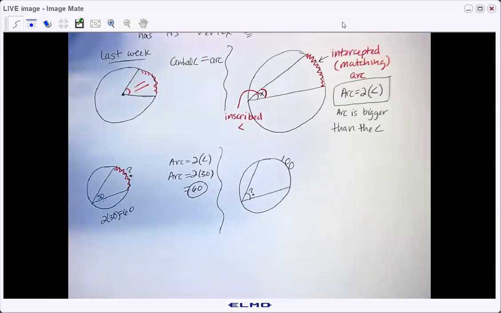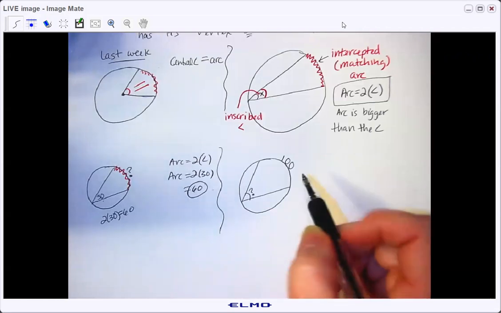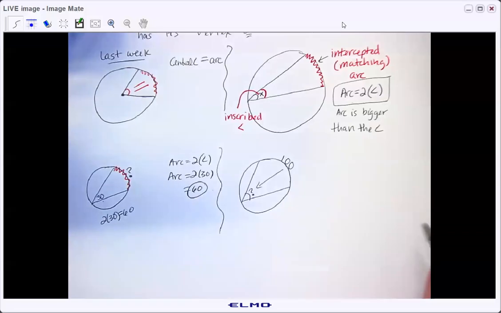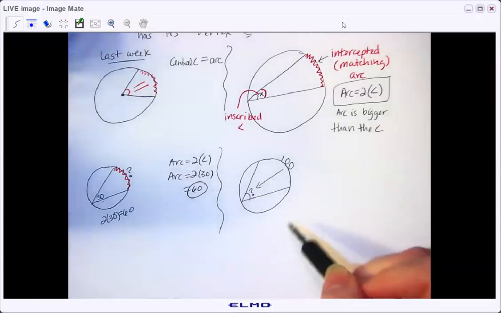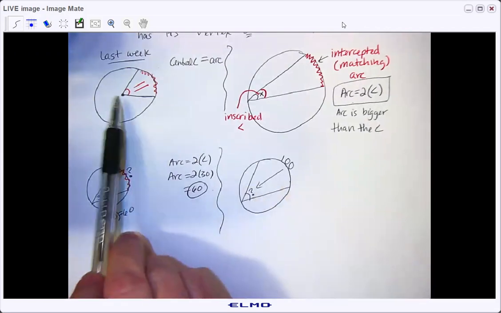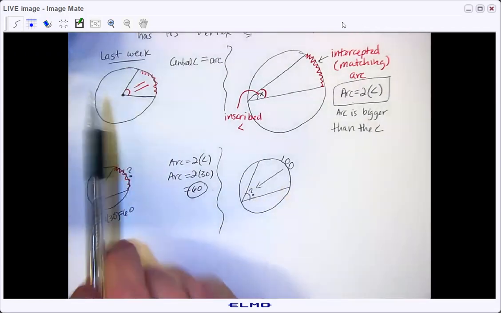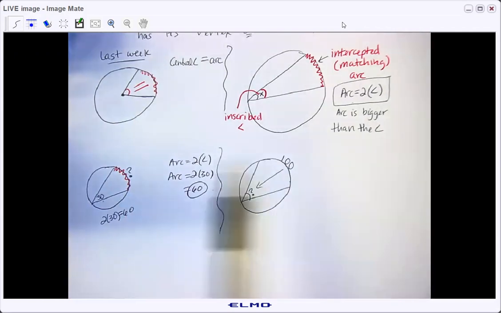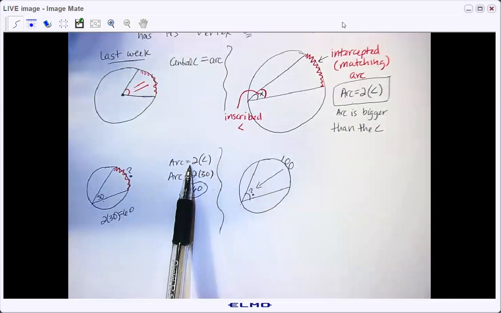Wait, say that again, Ms. Richardson. So I gave you the arc. This time we want to find the angle. So I'm looking for you to put the answer for the angle in the chat box. But remember, they're only going to be equal if it was at the center. When the angle goes all the way across to touch across the circle, it's not going to be equal. It has the same relationship right here.